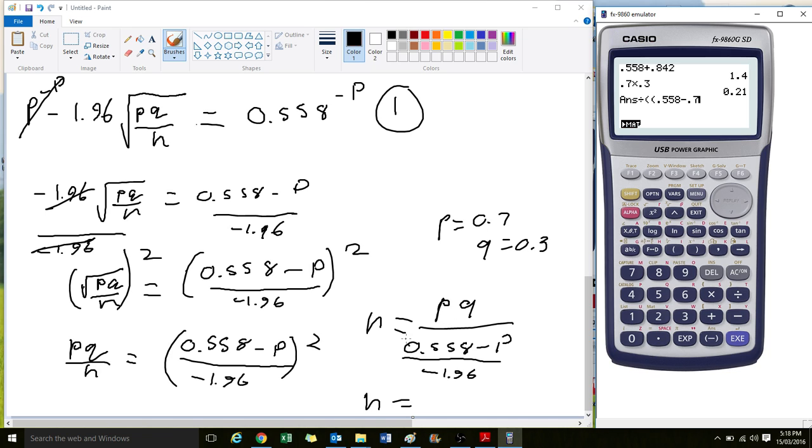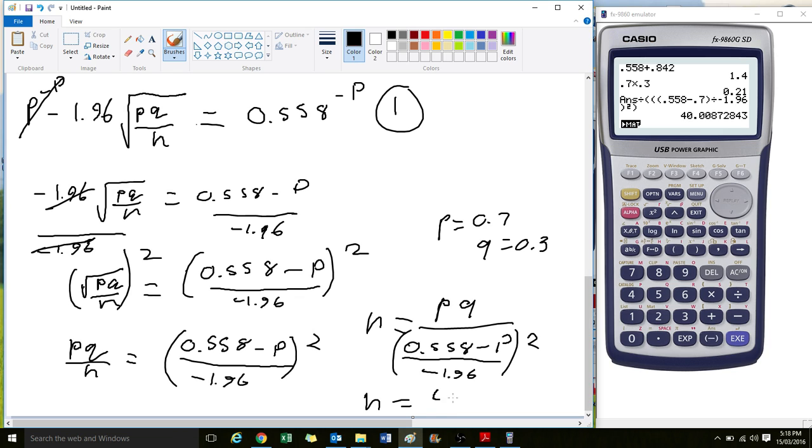Now I need to put this factor squared, let's not forget that, so I might need to put another bracket in there. 0.558 take 0.7. Now I'll close that bracket, and that's divided by minus 1.96. Close the bracket, and that is squared, and I'll close the final bracket. The answer we get is 40.